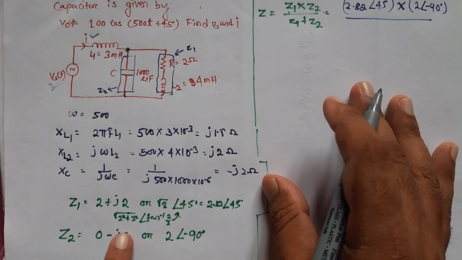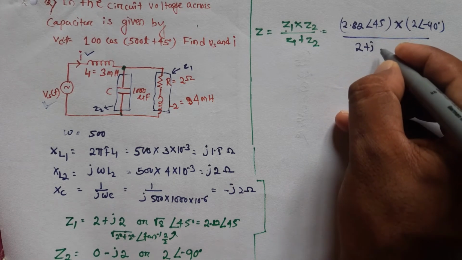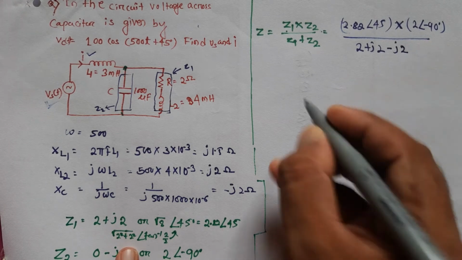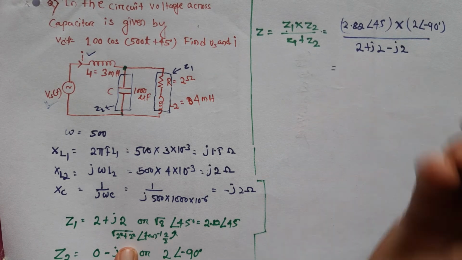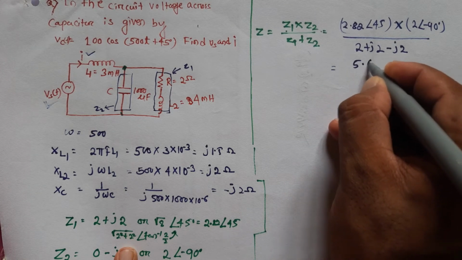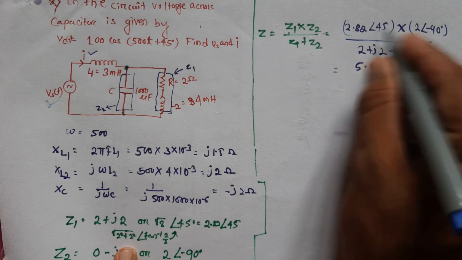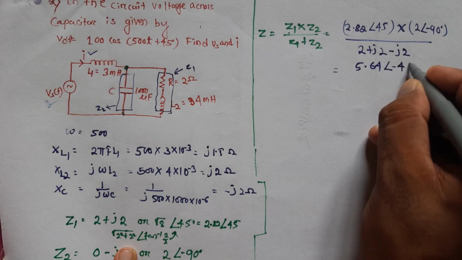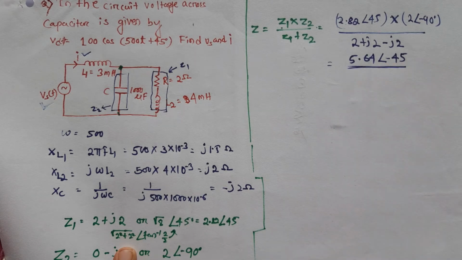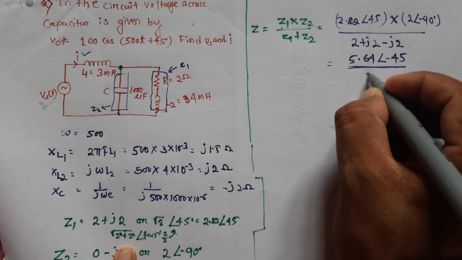Downside we put the impedance values in rectangular form, 2 plus j2 and minus j2. So we get 5.645, multiplying 2.82 and 2, then adding the angles 45 minus 90, which is minus 45, divided by j2 plus j2 and minus j2 cancel out, leaving 2.